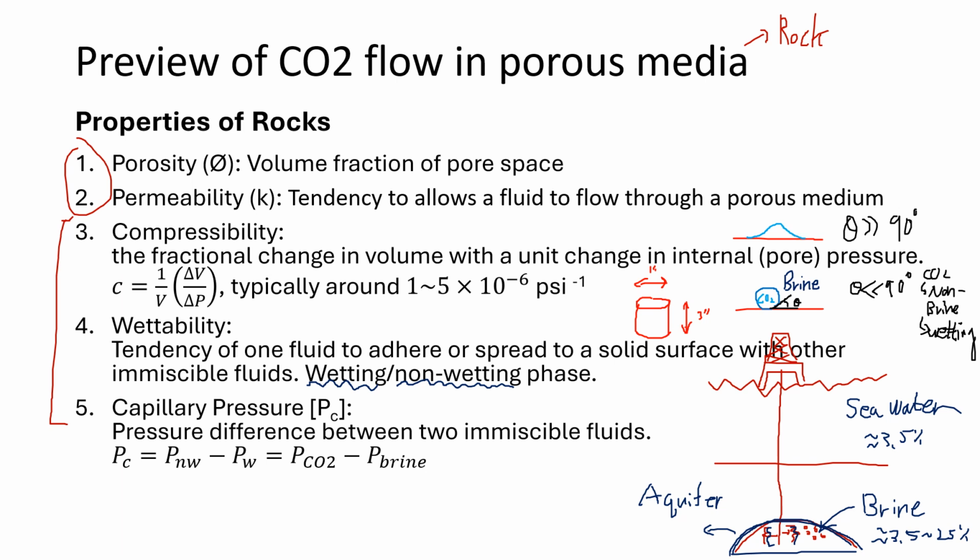So now the surface of the rock is more likely to contact the CO2 than the brine, right? If we get the same angle as the previous one, now we can get the angle this way, and this angle is much larger than 90 degrees. So in this case, CO2 is wetting and the brine is non-wetting.